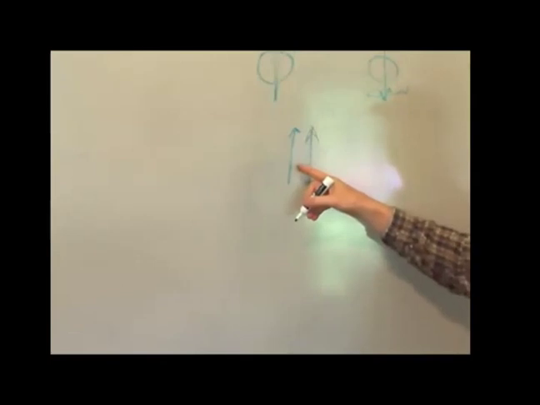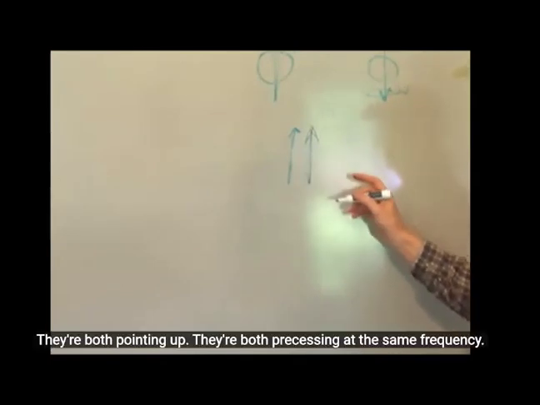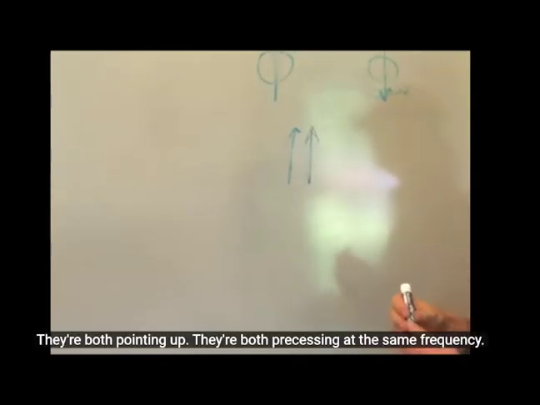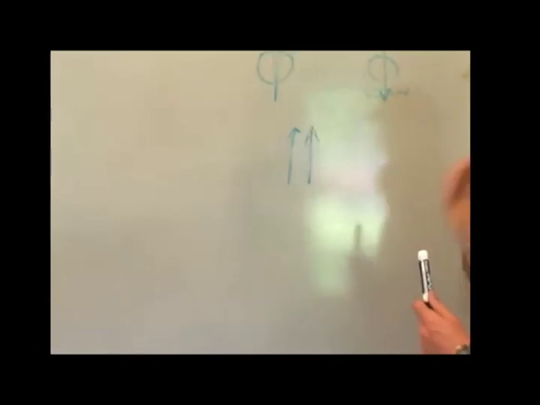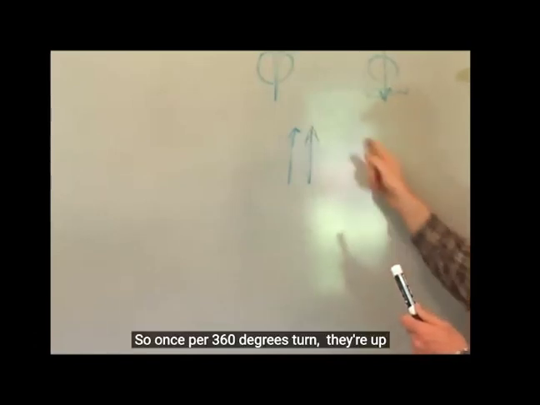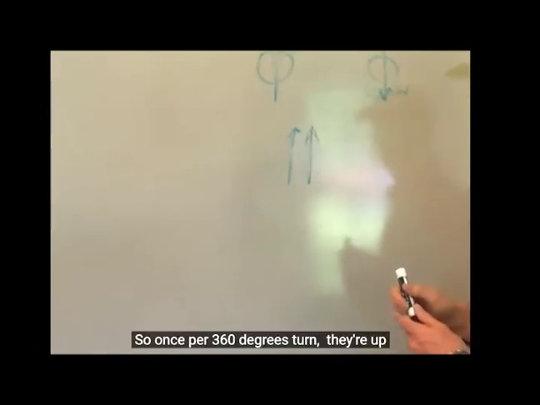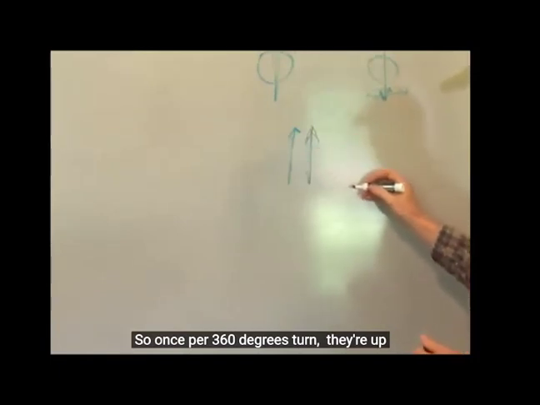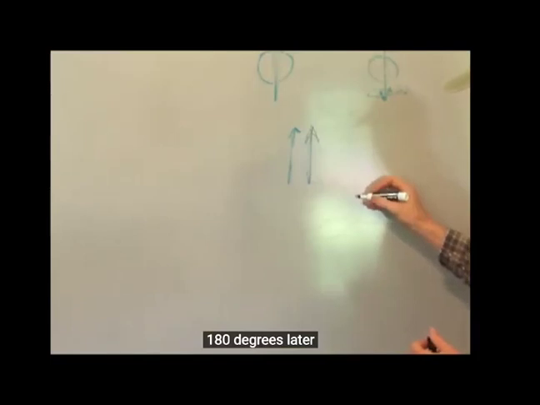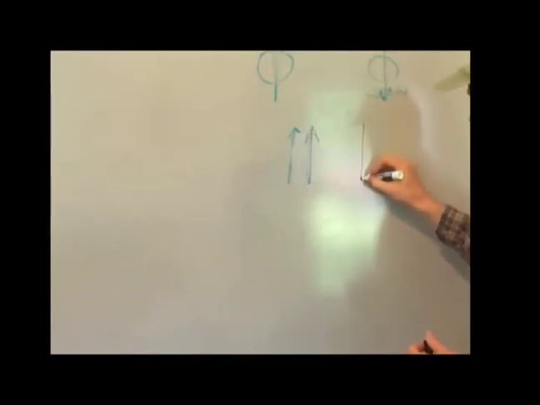Okay, so they're both pointing up, they're both precessing at the same frequency. So once per 360 degree turn, they're up. 180 degrees later, they're both pointing down.